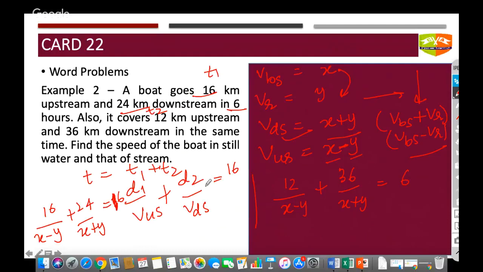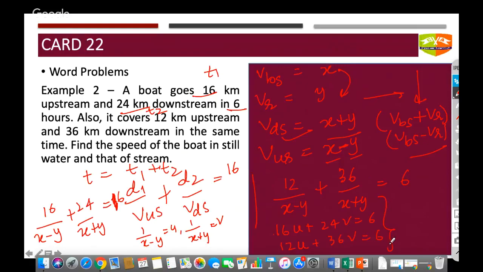Now I'll assume I'm taking 1 by x minus y as u and 1 by x plus y as v. So what I get over here is 16u plus 24v is equal to 6, and what I get over here is 12u plus 36v is equal to 6.